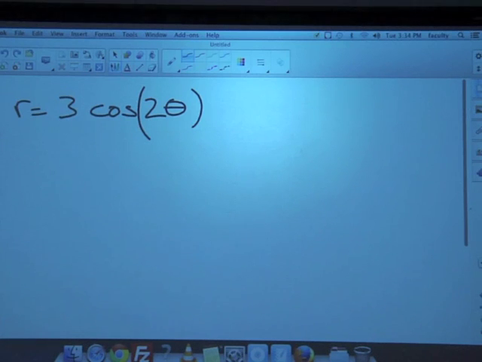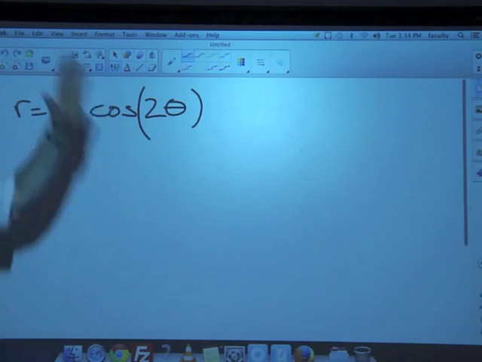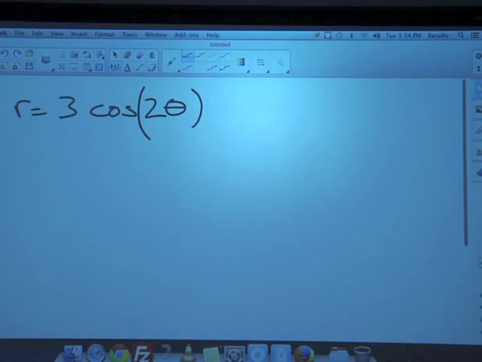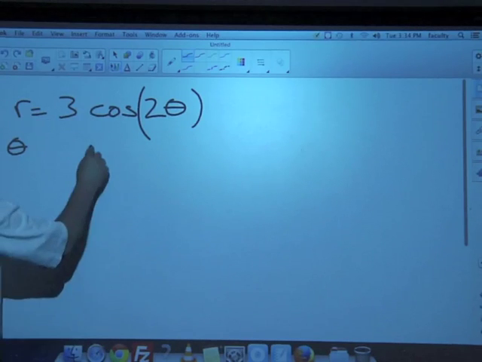Now, of course, the first thing we need in order to draw this graph is we need some points. We need to work our way all the way around the circle, so we need to plug in values of theta, and out of that, get the values of r.